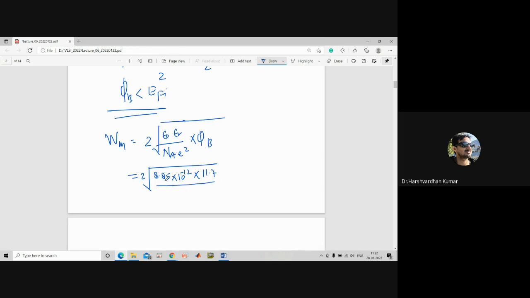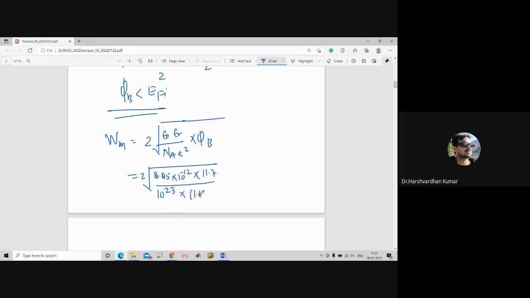We are writing epsilon in farad per meter, so we will have to convert the concentration Na into per meter cube. So 10 to the power 17 per centimeter cube means 10 to the power 23 per meter cube. What is the value of e square?